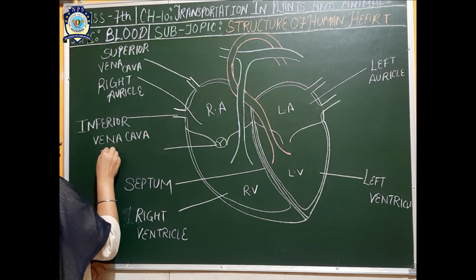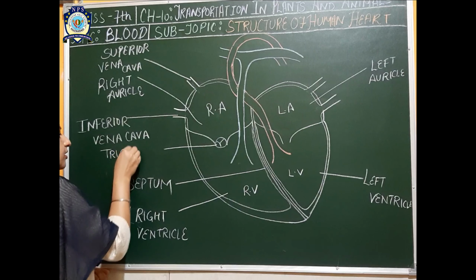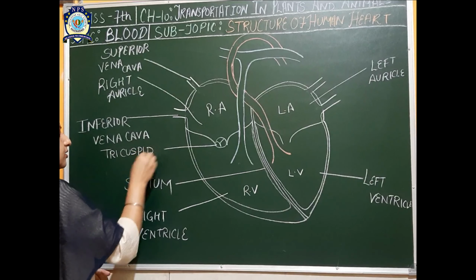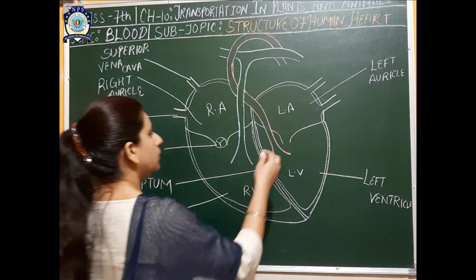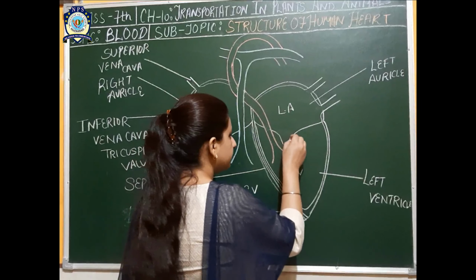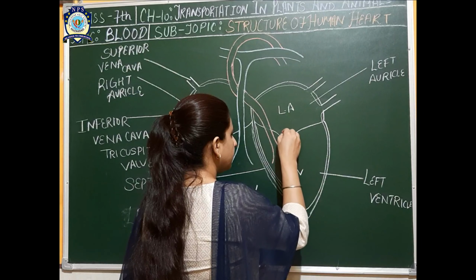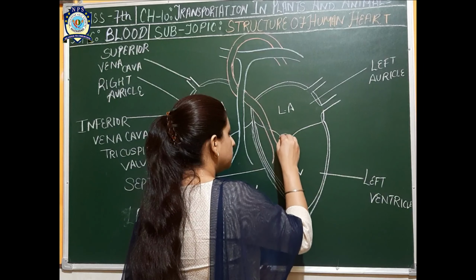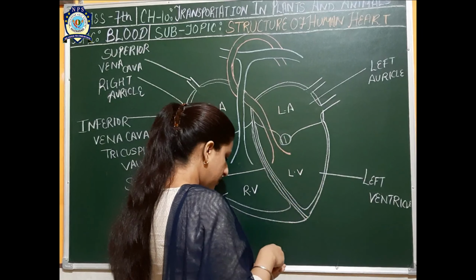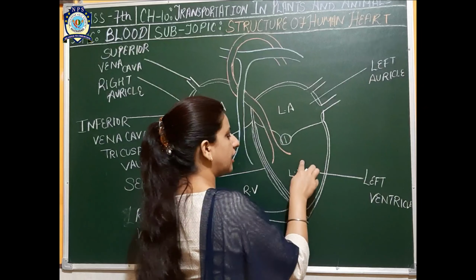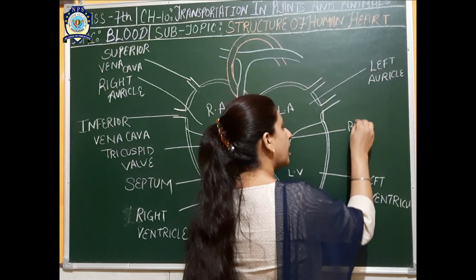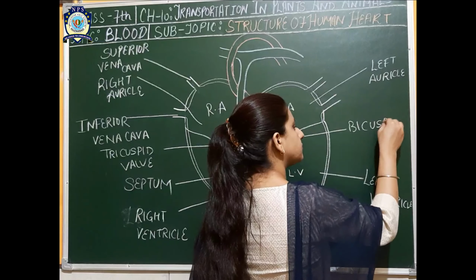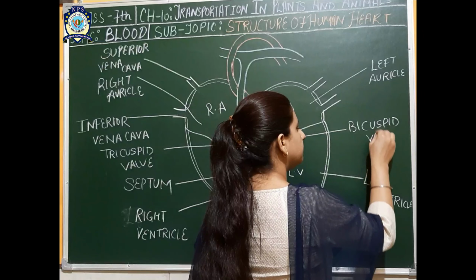This is tricuspid valve. Now on the other side, there is another valve, and it also helps in checking the backflow of blood from the left ventricle to the left auricle, and this is bicuspid valve.